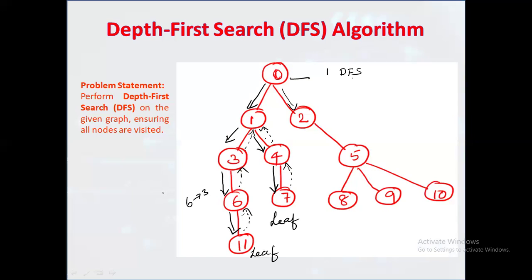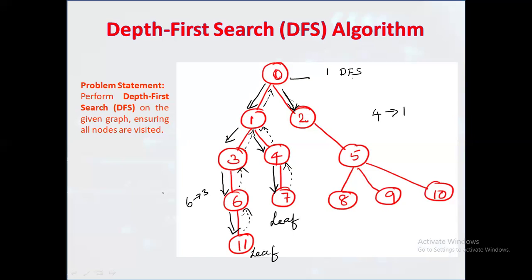With no more children at 7, the algorithm backtracks to node 4 and then further backtracks to node 1 to continue the search. So the next step is again backtracking, and then it has to move to node 2.